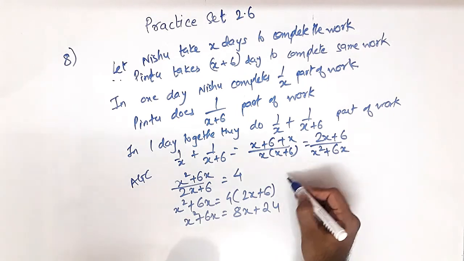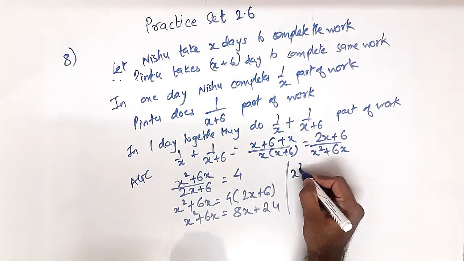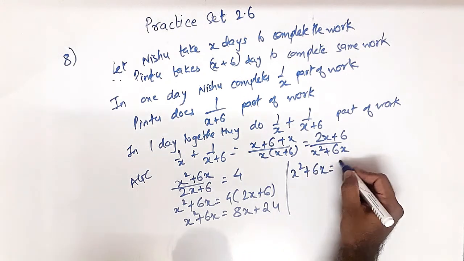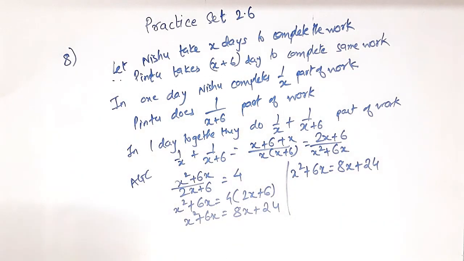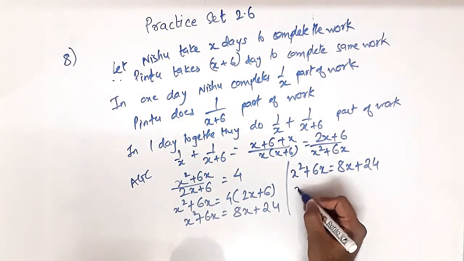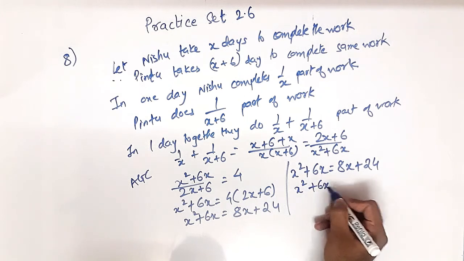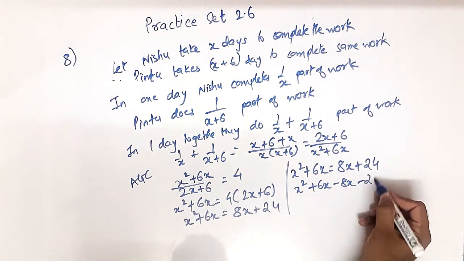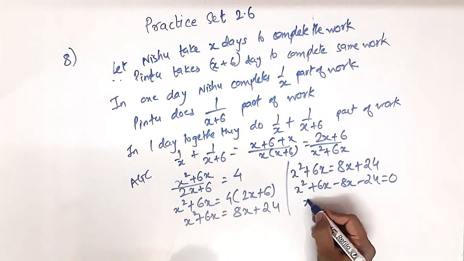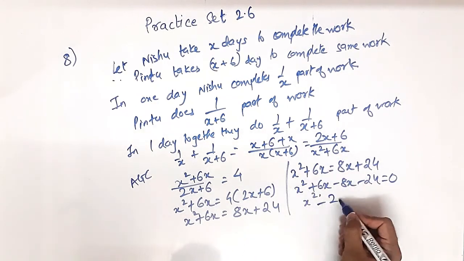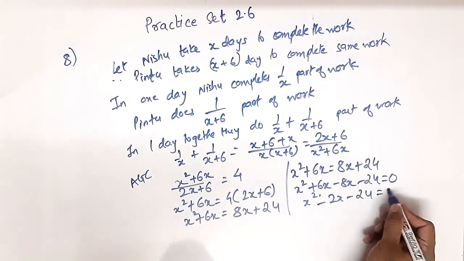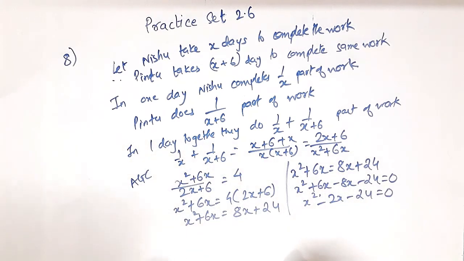Now x square plus 6x is equal to 8x plus 24. Now x square plus 6x minus 8x minus 24 equals 0. So this becomes x square minus 2x minus 24 equals 0.